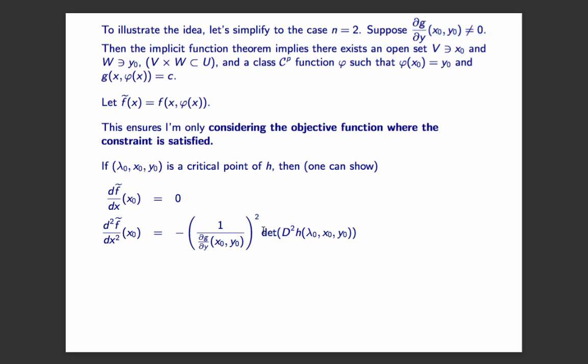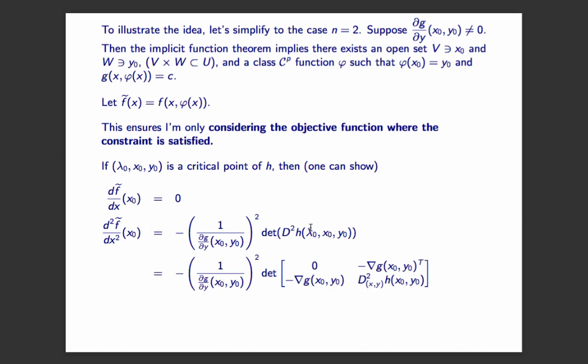So this is a negative number, because again we're assuming this is non-zero. So this is a negative number times the determinant of the second derivative of h, right, which is what we can think of as this penalized objective function, evaluated at the critical point of h.